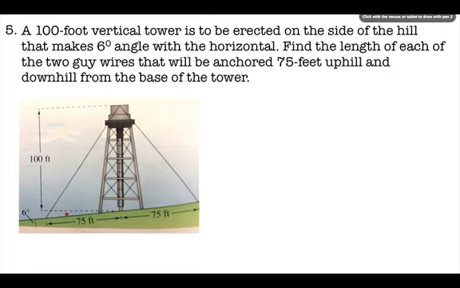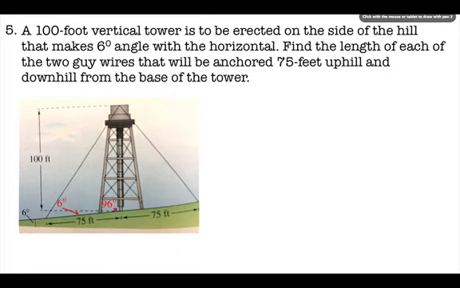So first, I'm going to find this angle, which is 6 degrees. Why? Because the horizontal here and this horizontal here are parallel, and this is a transversal, so these are alternate interior angles. Then I know that this angle here is 96.